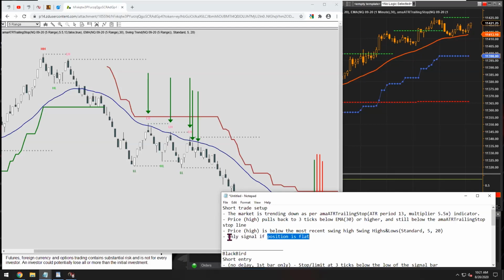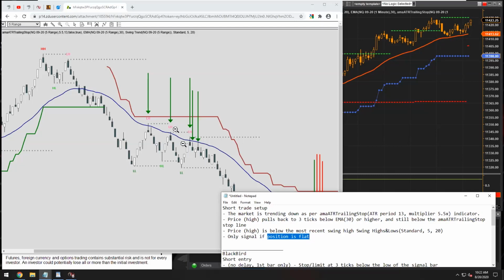So this is not possible. But the good news is that both of our strategies, both Raven and Blackbird, are designed specifically to only open a position when they are flat, right?